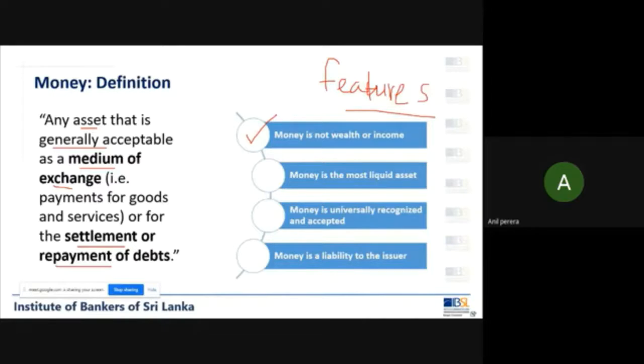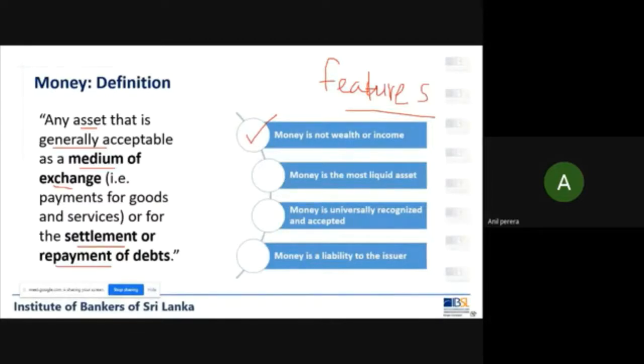Basically, we'll take wealth broadly. Your wealth could be in various forms. Your wealth could be in money. Money could be domestic currency or foreign currency. Or your wealth could be in gems. Your wealth could be in buildings, or in precious metals, gold, silver, etc. Also, your wealth could be in financial securities.